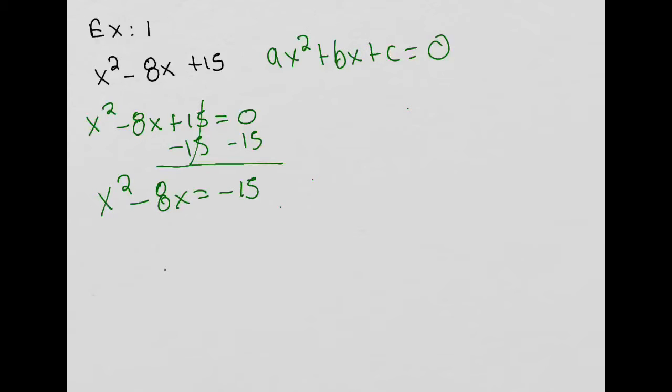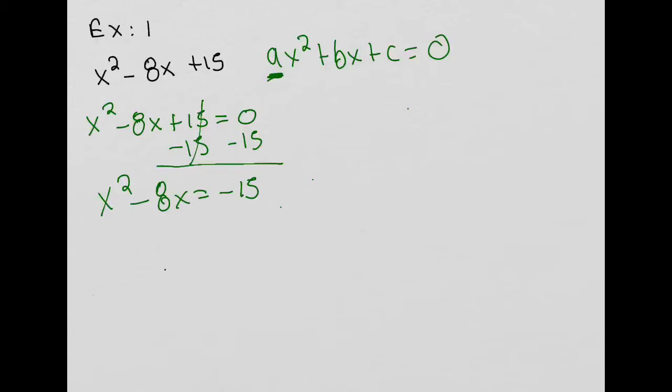Now, the next step is to take the coefficient of the first term, which is a. In this case, it's just 1. I don't need to divide by 1 because anything divided by 1 is itself. So the second step, I don't need to do in this case, because the a is already 1.